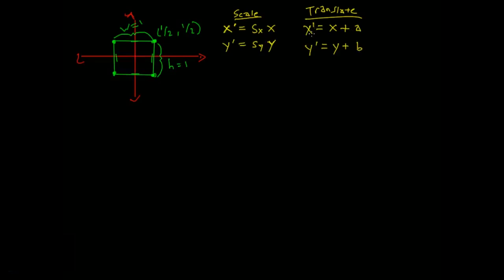So if you are to write this to indicate this value, let's say x prime now will be equal to the original x of the point here, which will be half. So half plus 1, that's going to be 3 halves. So let me write it so it's clear to you.